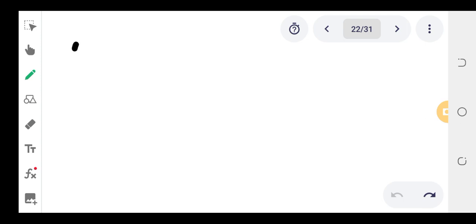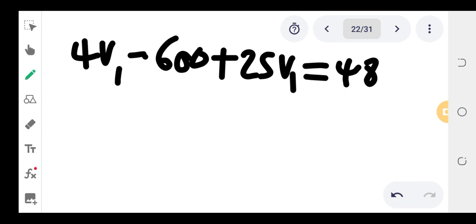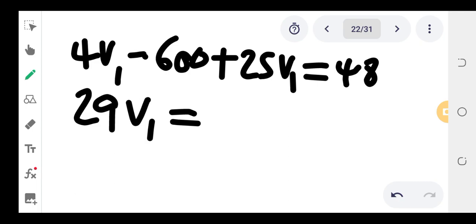Replacing now, multiplying through by 5, I'm getting 5 times 120 is 600, and 25V1 plus 4V1 gives 29V1. So this is 29V1 equals 48 plus 600.